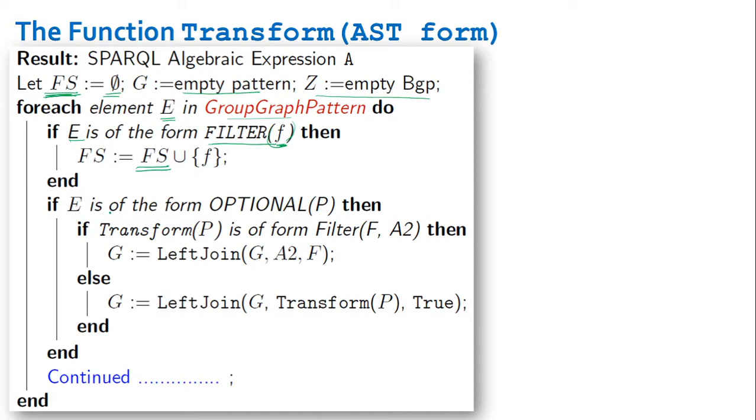Now if E is of the form of optional, we haven't considered optional, right? And whenever we have got optional, in the optional we'll be having another pattern, another expression, right? And what we'll be doing, we'll be trying to transform P first, and we see if this is a kind of filter expression. So this is the second argument of the optional.